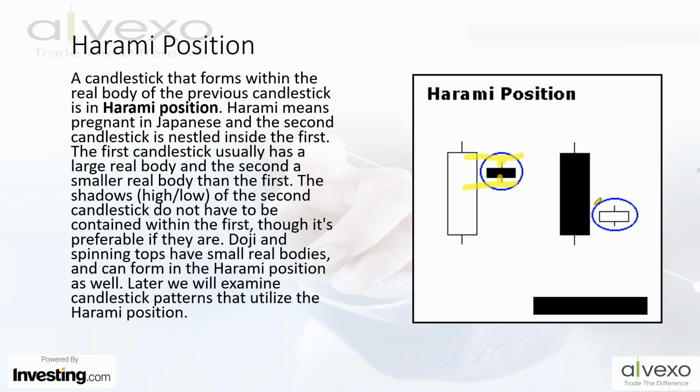It doesn't matter whether it's the lower portion of the body or the upper portion, it just must be fully contained within. It doesn't matter if it's a small candle. It could have been a candle that was this long. Okay. As long as all the legs and hands are inside the body of the parent.